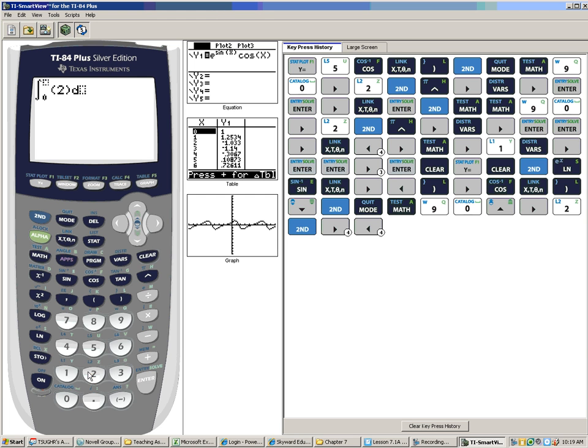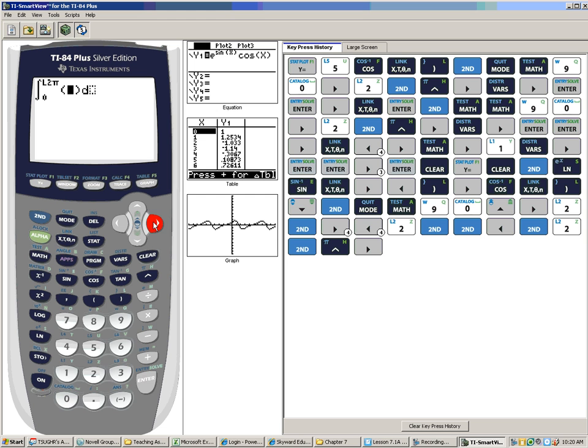To 2 pi. It doesn't like that pi key for some reason. All right.